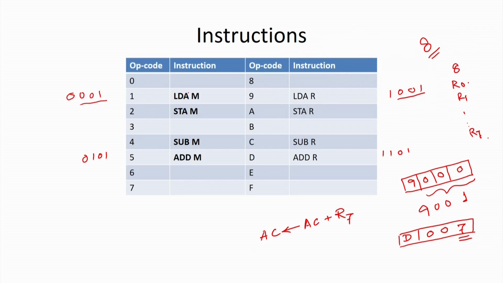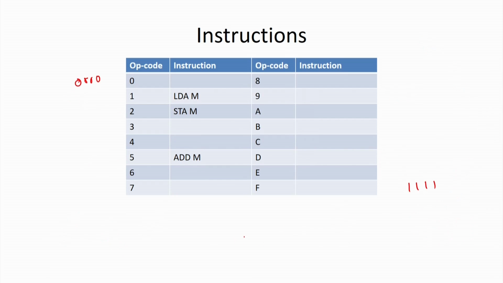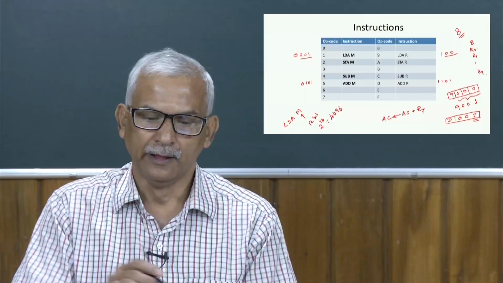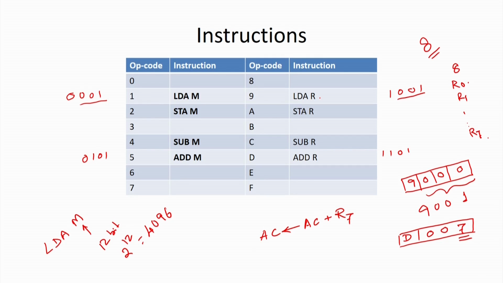But when I talk about LDA M, M takes a 12-bit address. This is 2 to the power 12, that means 4096 memory space. So we have 4096 variations of LDA M, because we can give any memory location to take our information. But for LDA R, we get only 8 variations, because we have 8 general purpose registers.